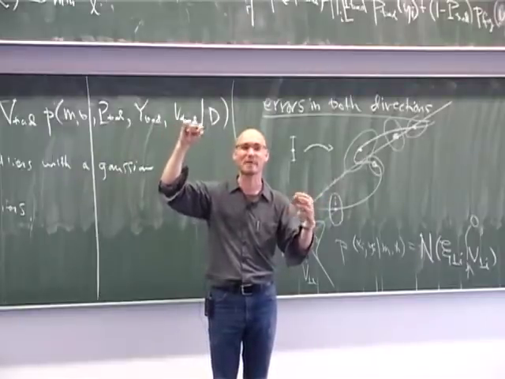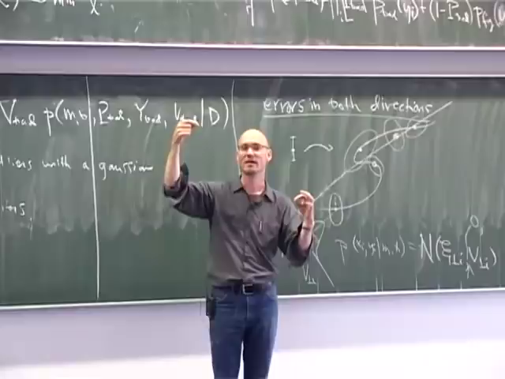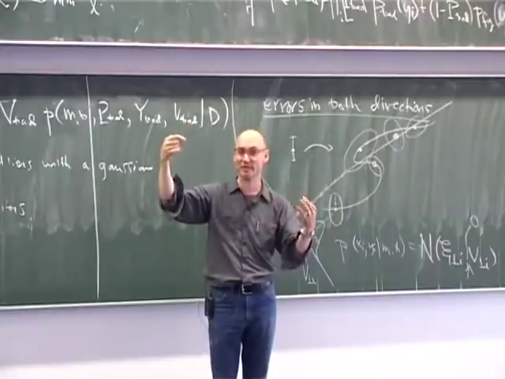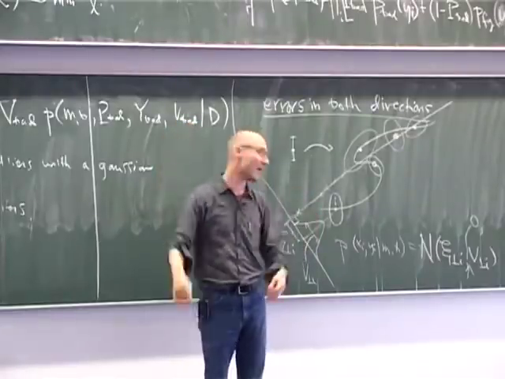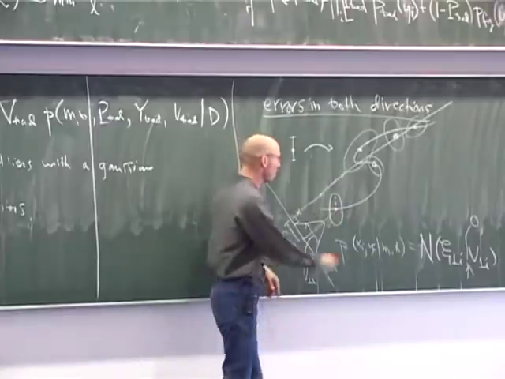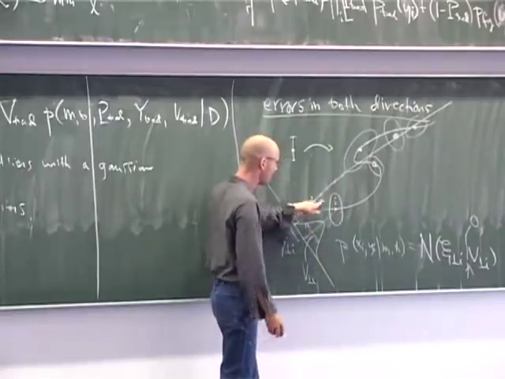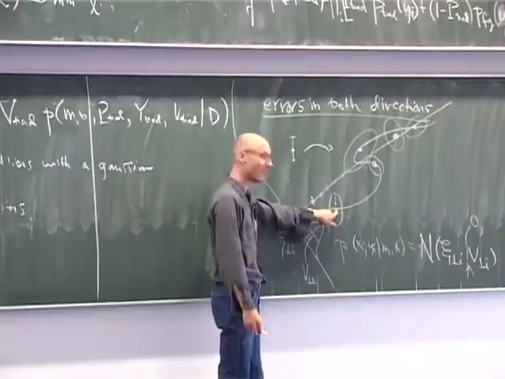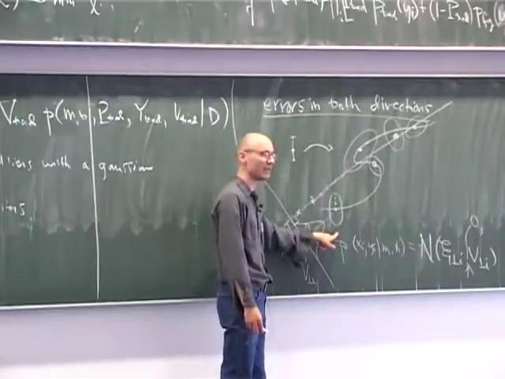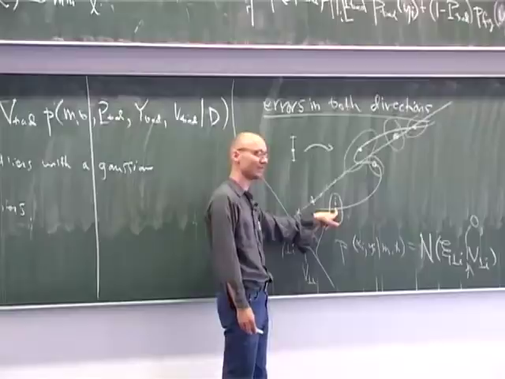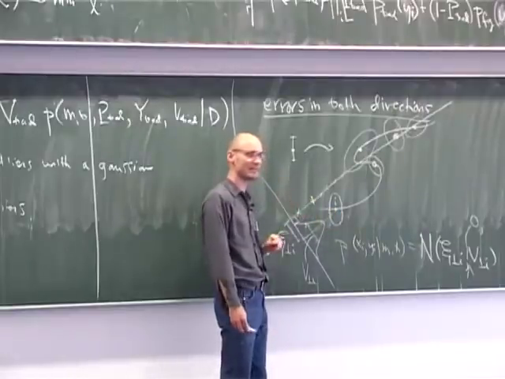That metric is a tensor, a symmetric positive definite tensor. In the case of a data point, if I want to know the distance between this point and this point for this data object, I use its error covariance as the metric for assessing the distance.